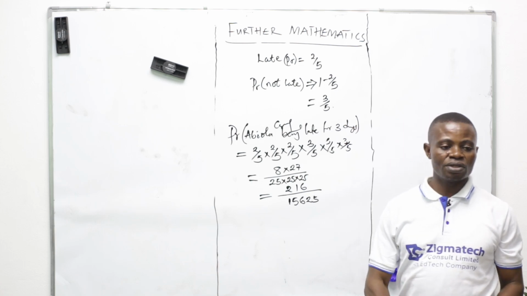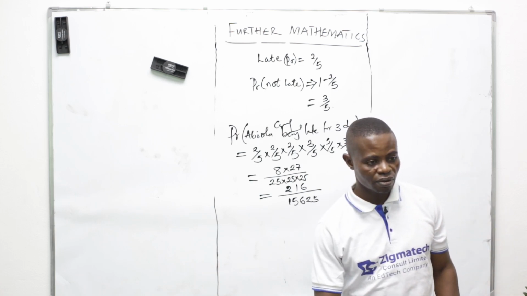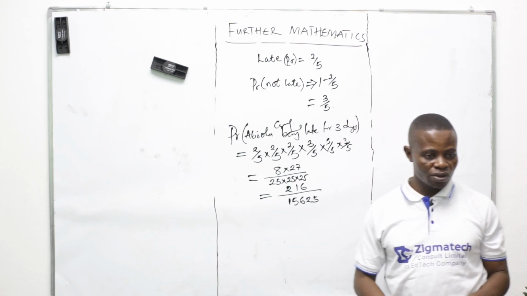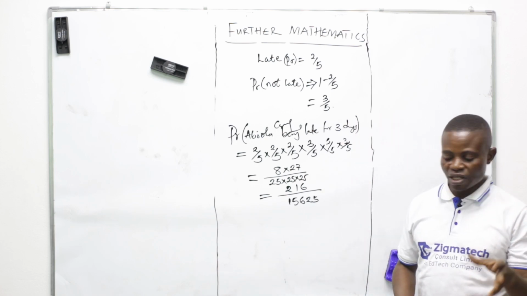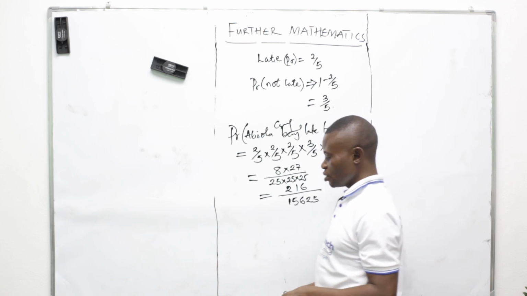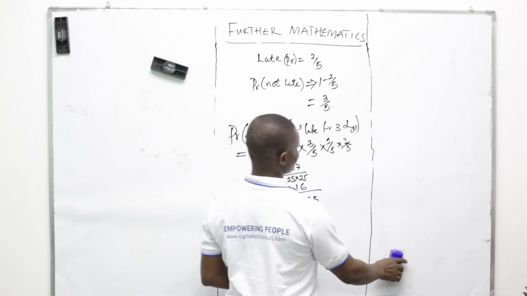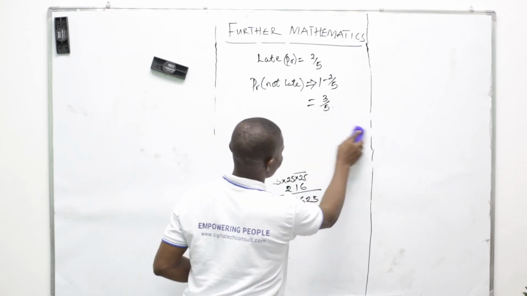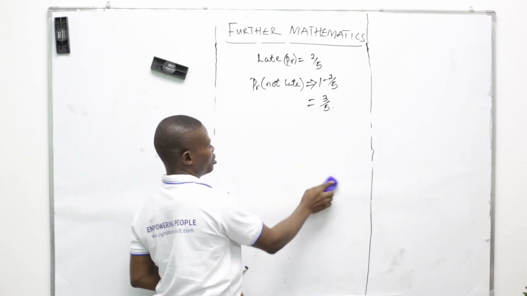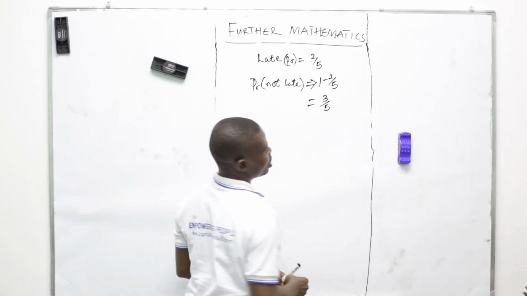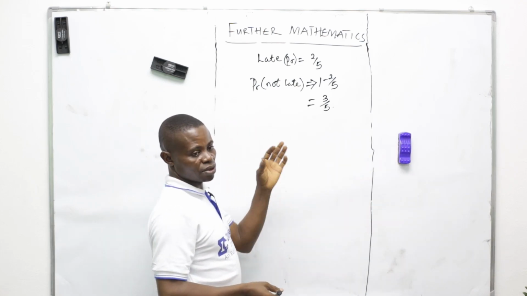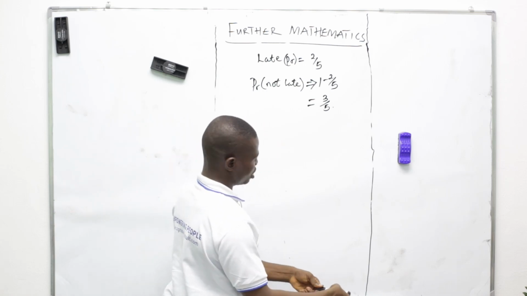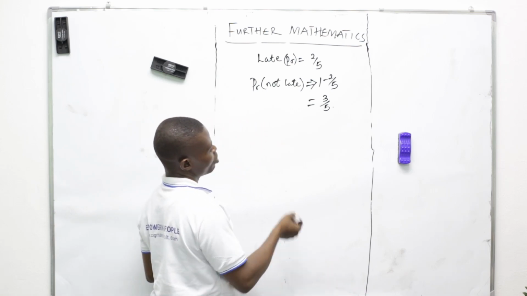Now let's see question B. Not be late in the week. That is, he's not going to come to the office late in the week. Recall, probability of coming late is 2 over 5. Probability of not coming late is 3 over 5.